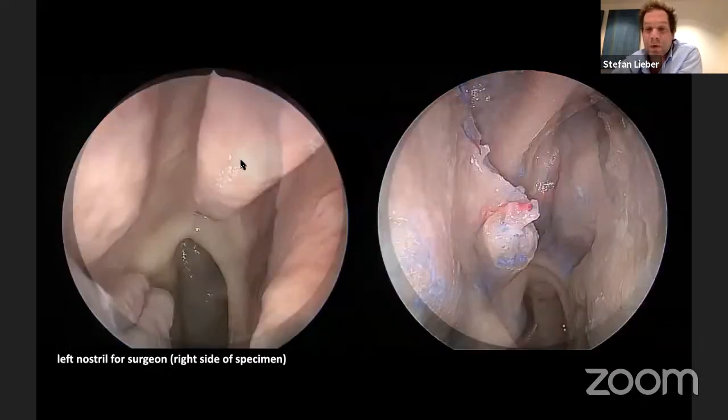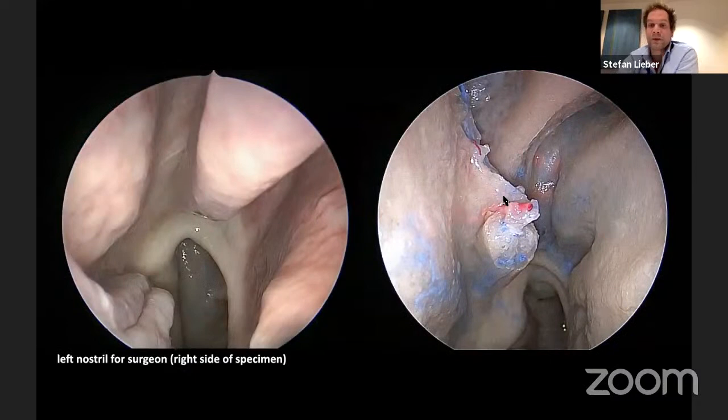This now is the exposure for a more, not a standard pituitary exposure, but middle turbinectomy on the left side, on the left nostril, the right side of this specimen, for a more extensive approach. And just to show some of the vasculature of the nasal cavity, this is the posterior pedicle for the middle turbinate. That's an end branch of the sphenopalatine, the IMAX branch, which supplies the turbinate.